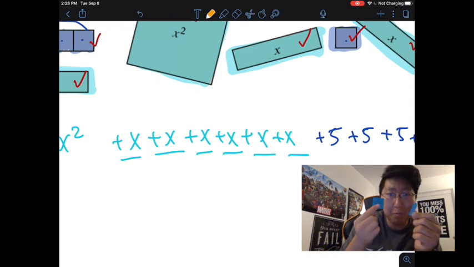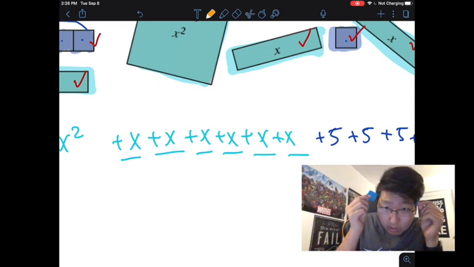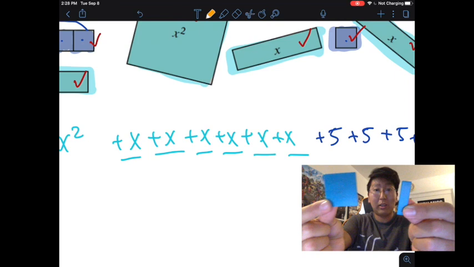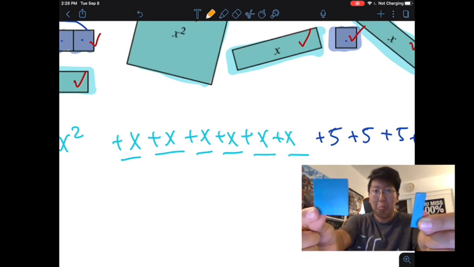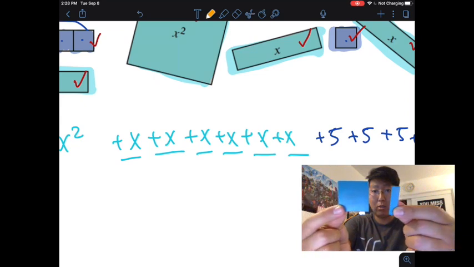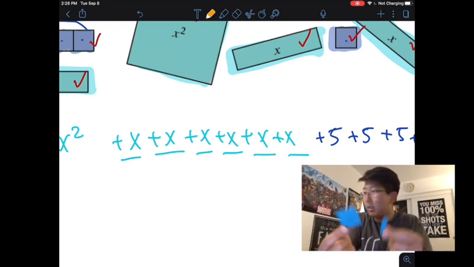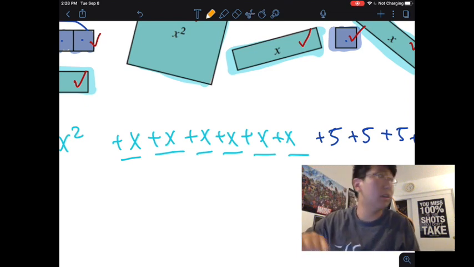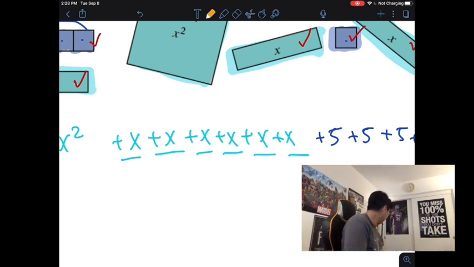They're not the same, right? So I want you to clearly understand that x squared and x are different. They are not the same. I can't say that there's 2 x tiles. Is that true? No. There's an x squared and an x. I cannot say that there's 2 of them. They're different. It's like me saying that there's, let's see, what can I grab around here? Let's just grab random things.